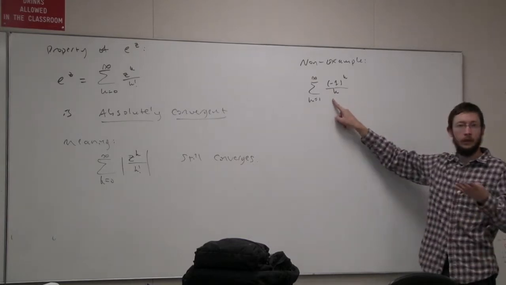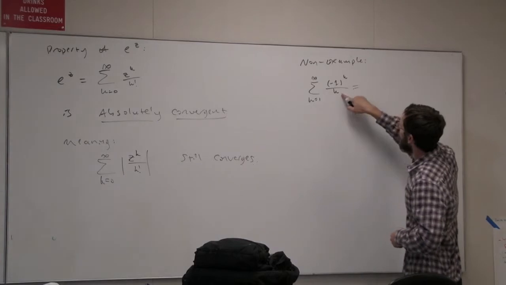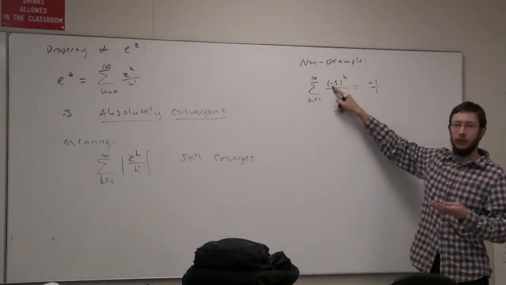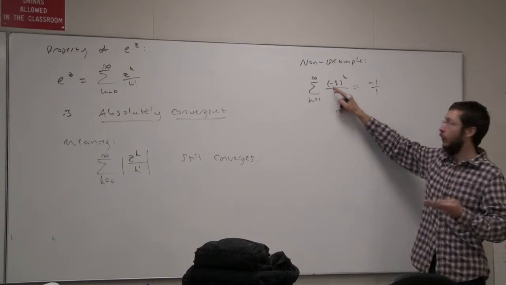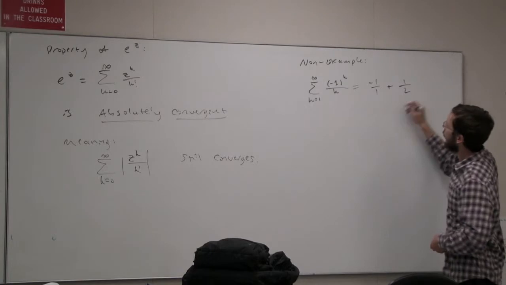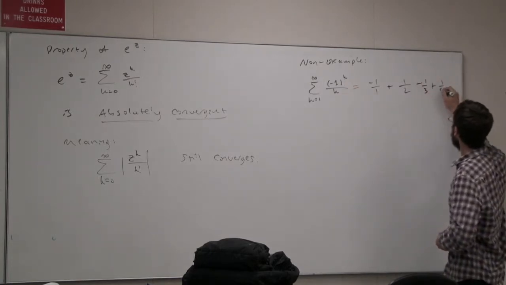This thing here is just alternating fractions, right? The first fraction is going to be -1 over 1. But then for k equal to 2, the sign switches to positive. So we get 1 over 2. And then -1 over 3, plus 1 over 4, and so on.